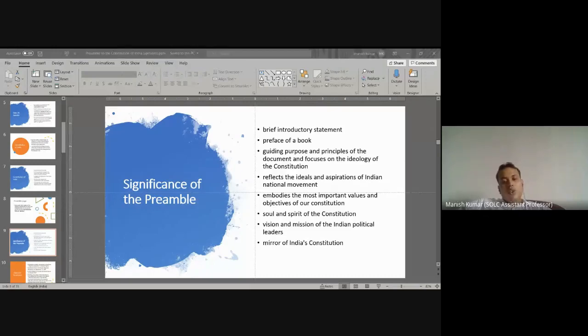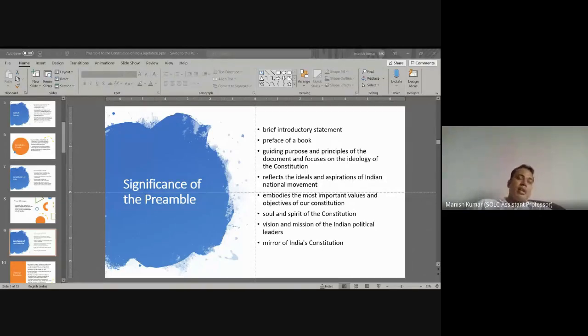If you want to find the soul and the spirit of the Indian Constitution, you will find it in the preamble. It expresses the vision and mission of the Indian political leaders and the constitutional fathers. The preamble is the mirror of India's constitution.